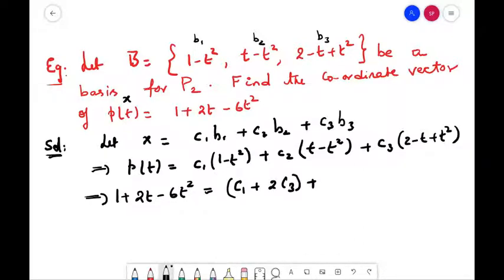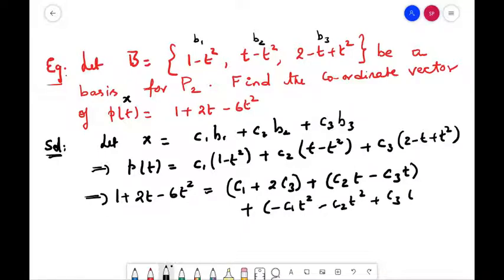Next, the t terms: c2t minus c3t, and then minus c1 t square minus c2 t square plus c3 t square.